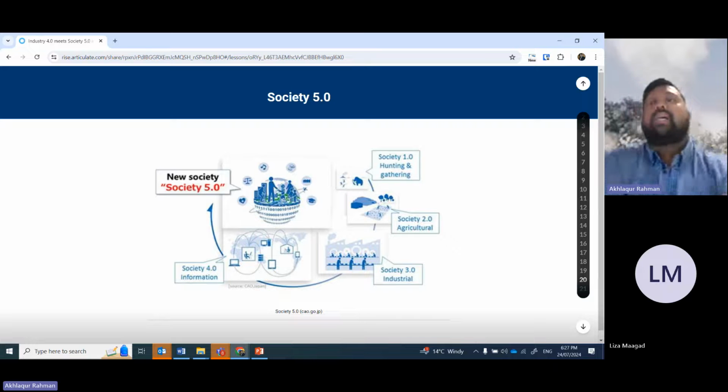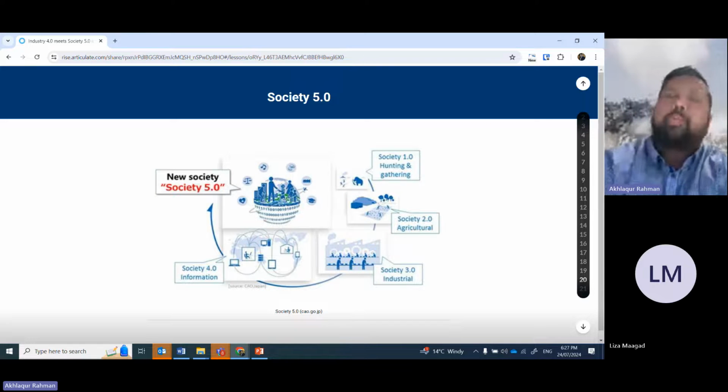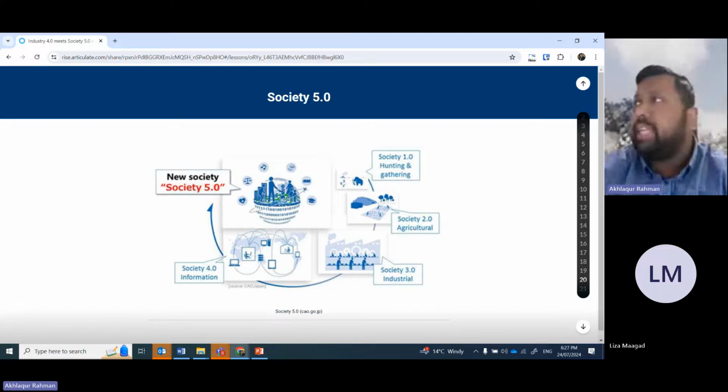Their approach was to create a super smart society that can balance the economic achievements they have with the resolution of social problems through an integrated system that would integrate the physical space with the cyberspace.